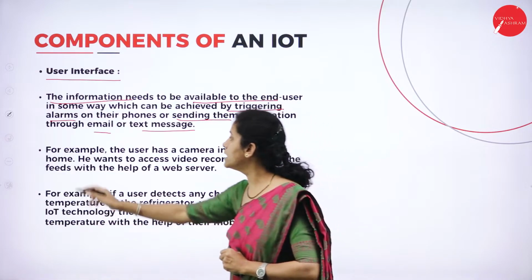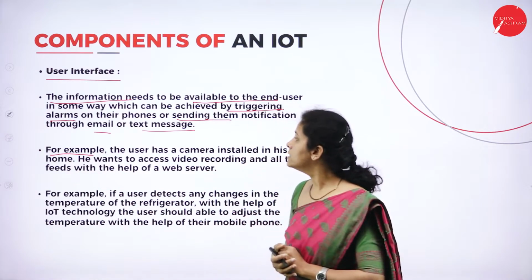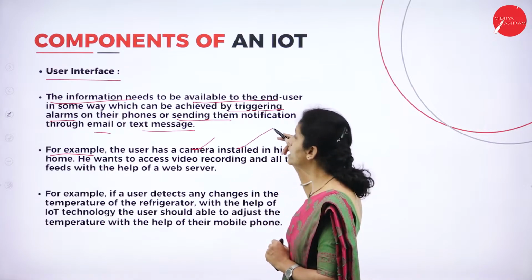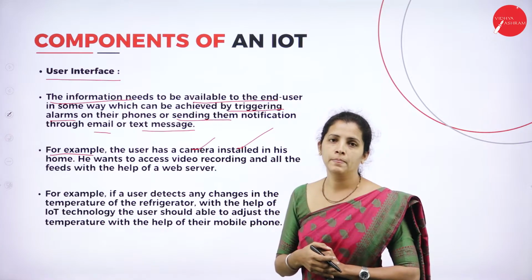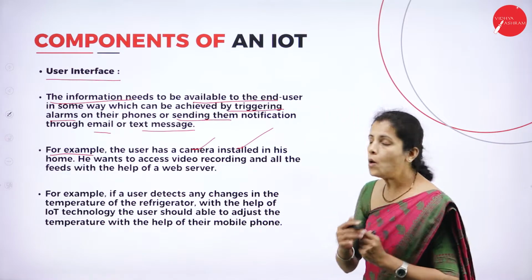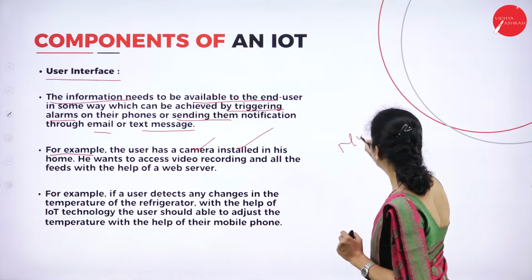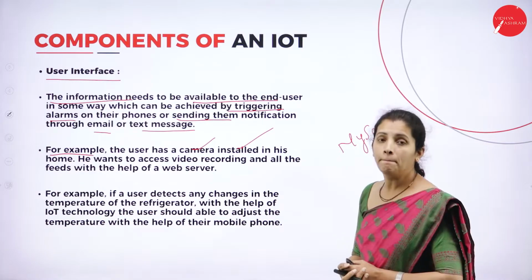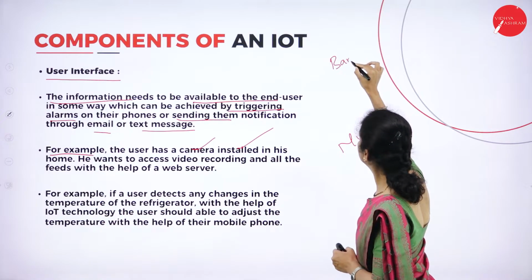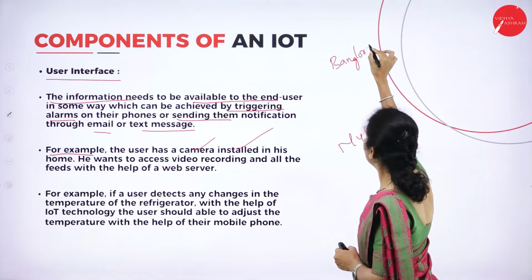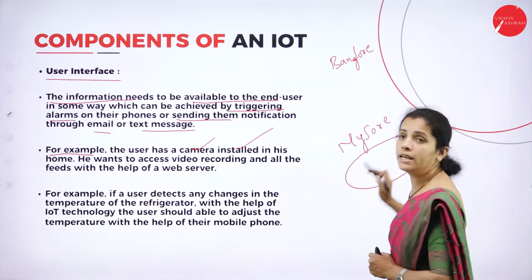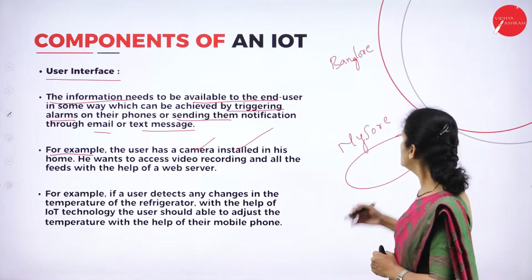Now, let me consider an example. The user has a camera installed in his home. For example, think that I have a home in Mysore, but I am staying in Bangalore. Now, I want to take care of the house which is in Mysore.